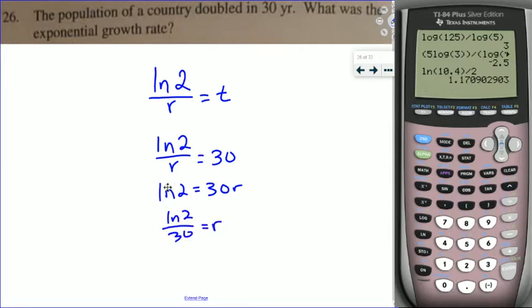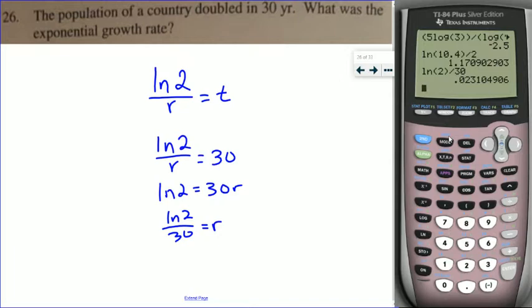So let's find out what that is. Head over to the calculator, and then we hit natural log of 2, close your parentheses, divided by 30. Natural log of 2 divided by 30 is 0.023.